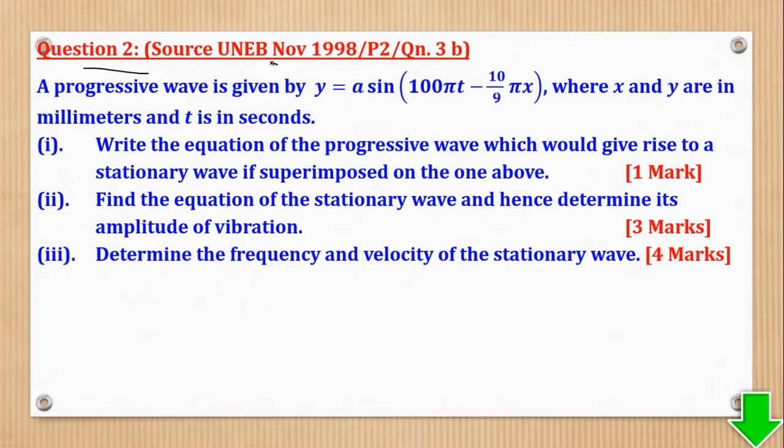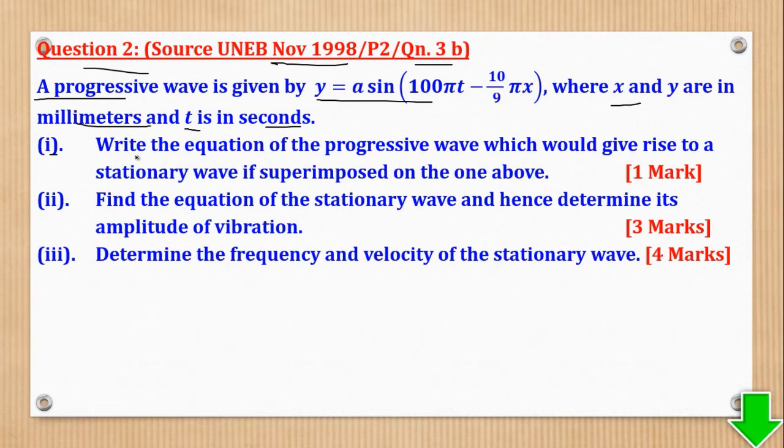Then question 2 came from UACE of November 1998, part 2, question 3b, and it says a progressive wave is given by this, where x and y are in millimeters and t is in seconds.